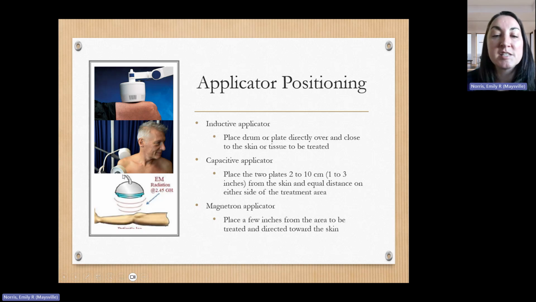And it needs to be 1 to 3 inches from the patient's tissue on both sides and equal on each side, like I mentioned earlier, an equal distance from the tissue on each side. So if it's an inch on the front side, make sure it's only an inch on the back. With the magnetron, it needs to be within a few inches of the treatment area and then directed towards the skin. All of them need to be directed towards the skin.